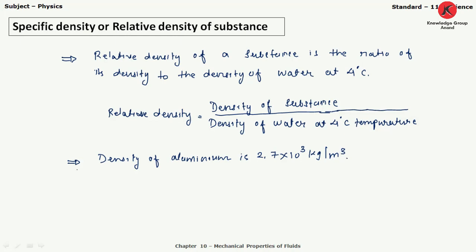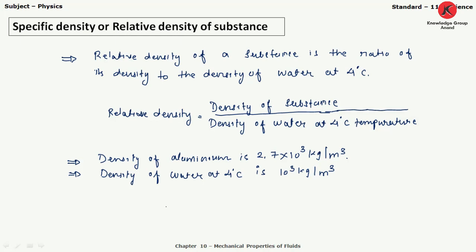And the density of water at 4 degree centigrade temperature is 10 raised to 3 kilogram per meter cube.